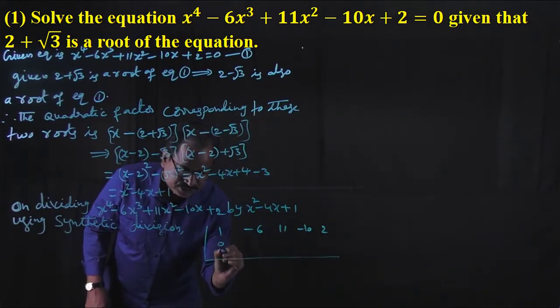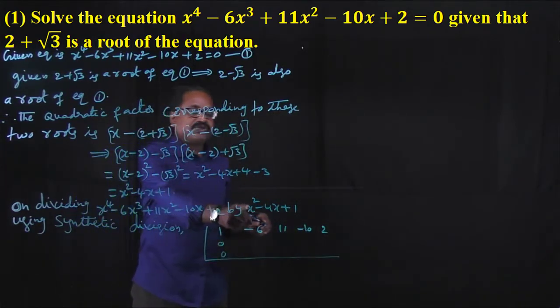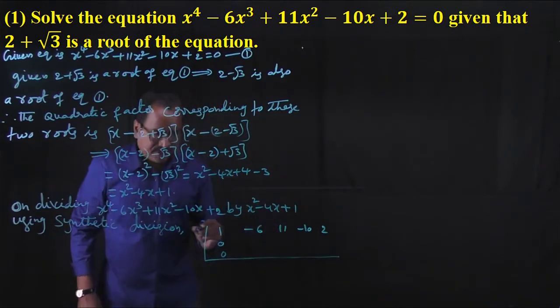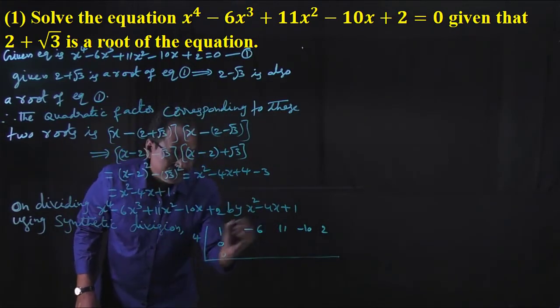So this is 0, 0, x square minus 4x plus 1. So here 4, here is minus 1.